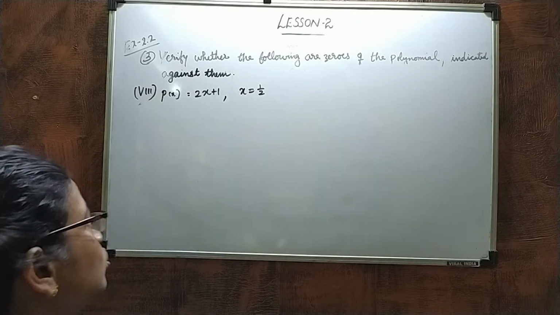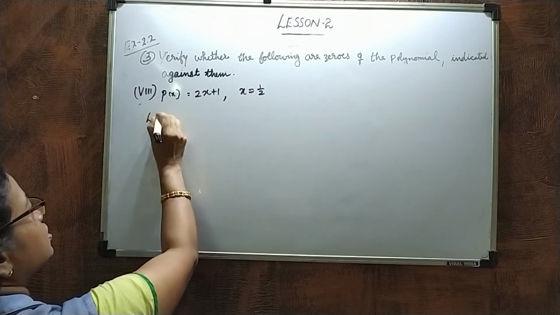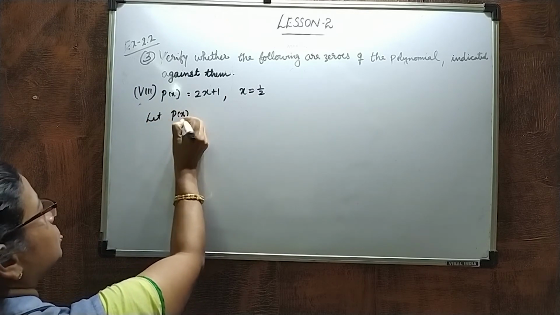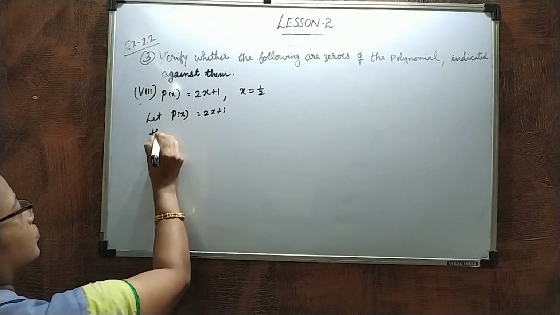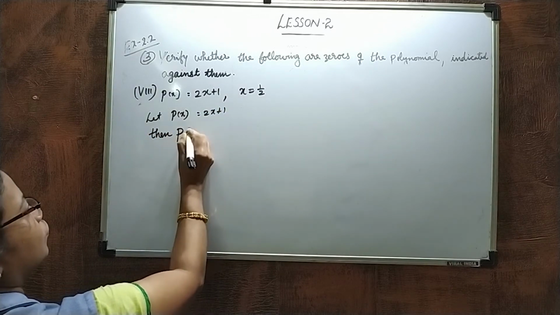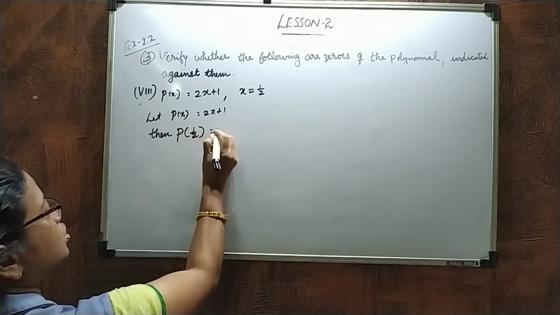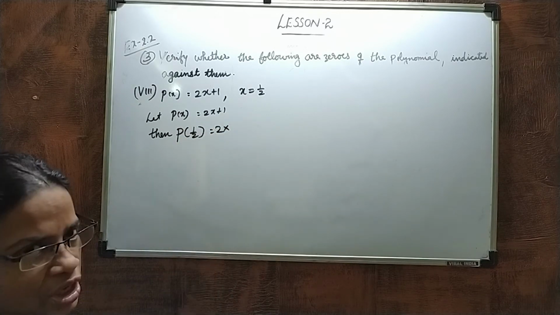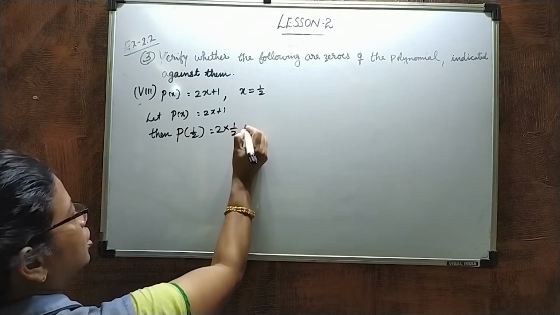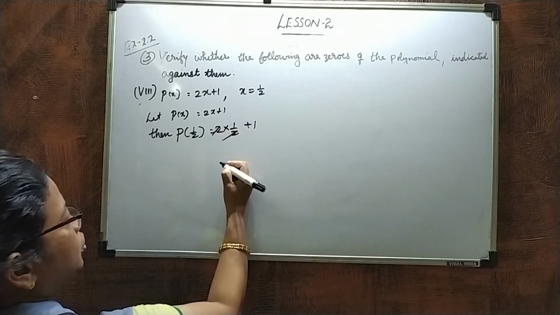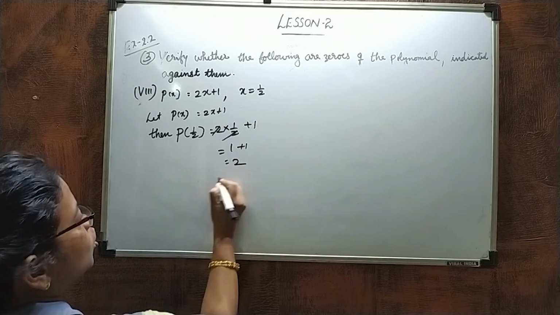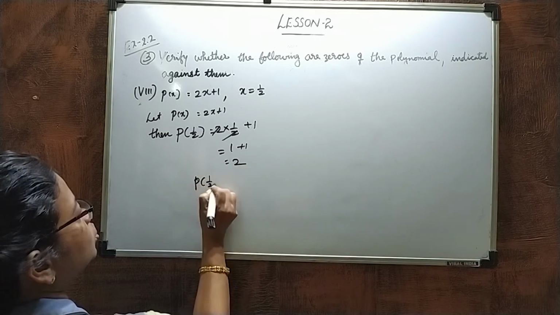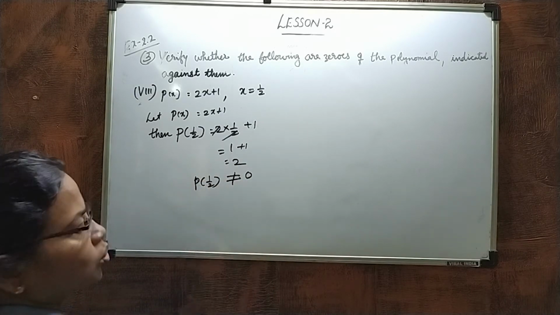So, we have to apply, let P of x is equal to 2x plus 1. Then P of 1 by 2 equals 2 into, instead of x you have to substitute 1 by 2 there, plus 1. 2 and 2 cancelled, and then 1 plus 1 you will get the answer 2, which is P of 1 by 2 not equal to 0.